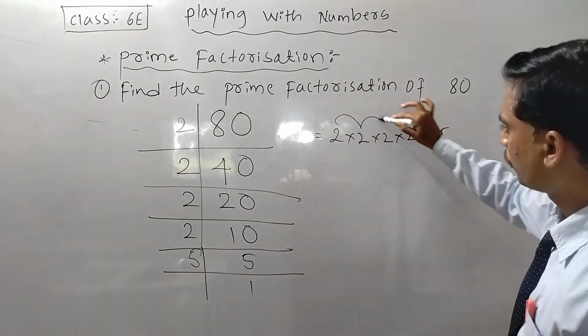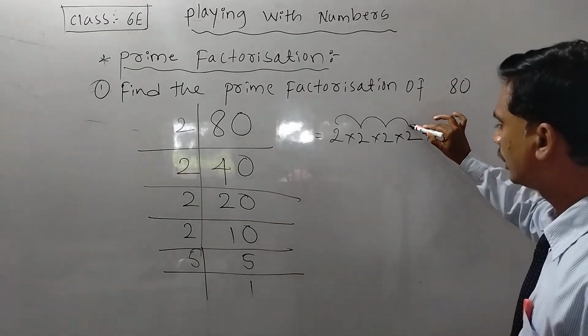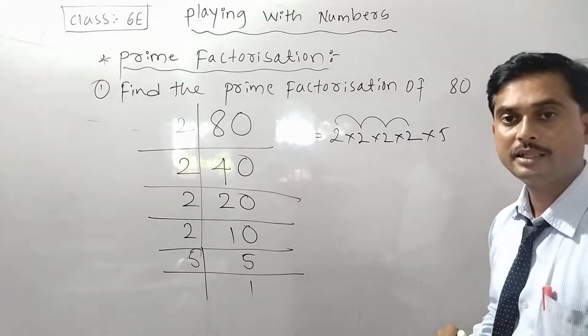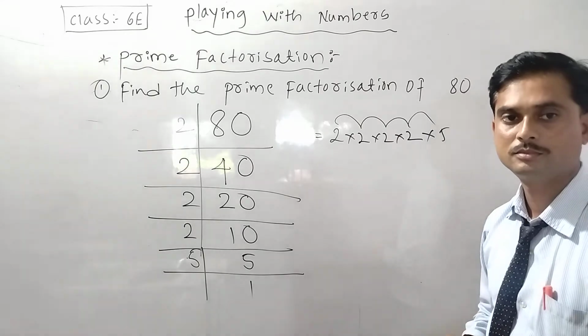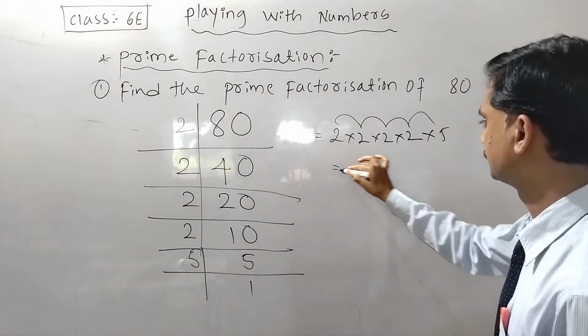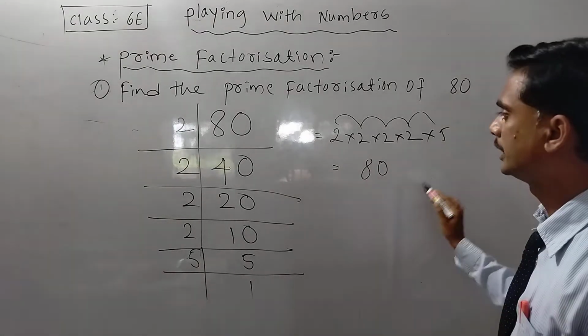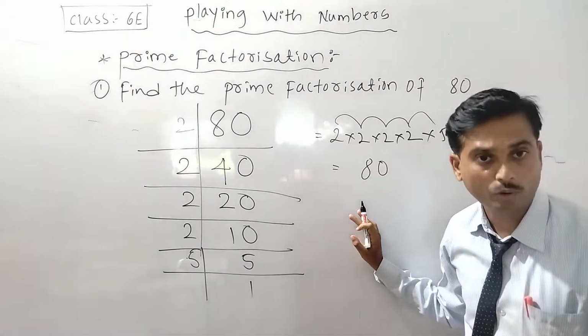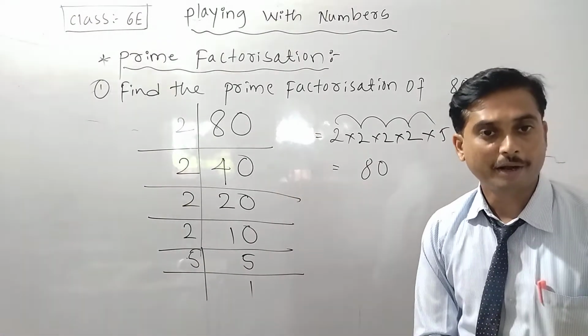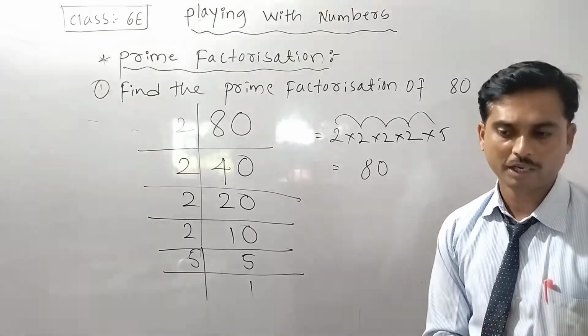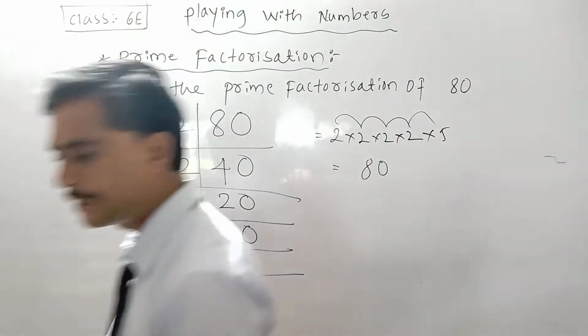Then 2 2s are 4, 4 2s are 8, 8 2s are 16, 16 5s are 80. This is called prime factorization. This is also one type of factor tree. Okay, now let us discuss next one.